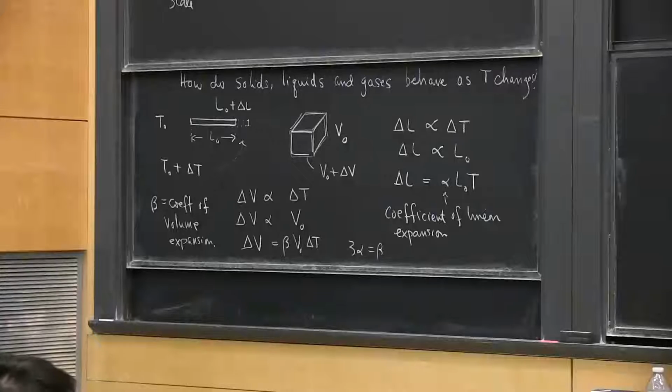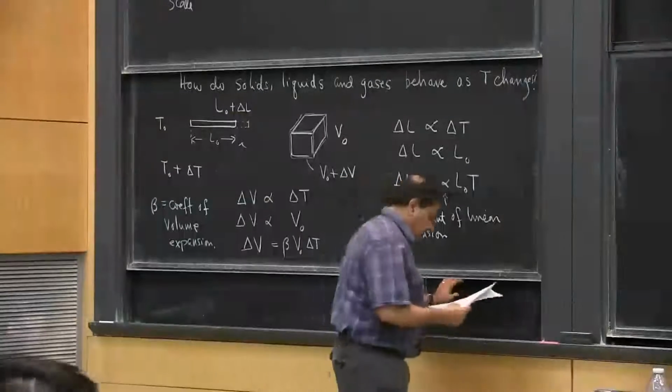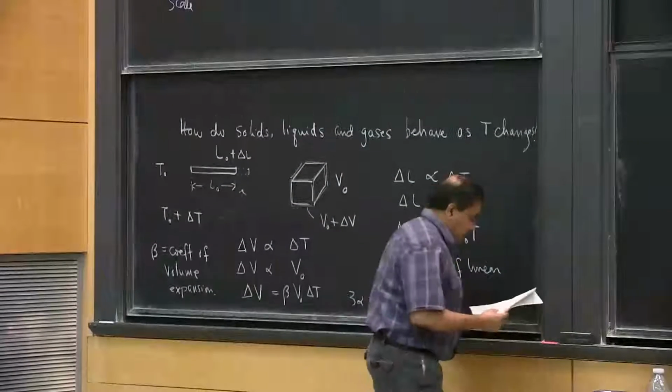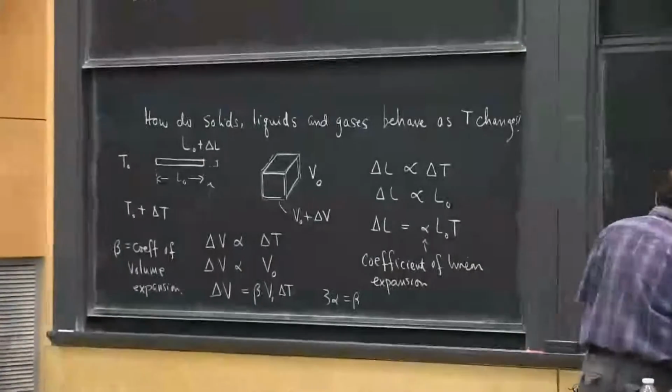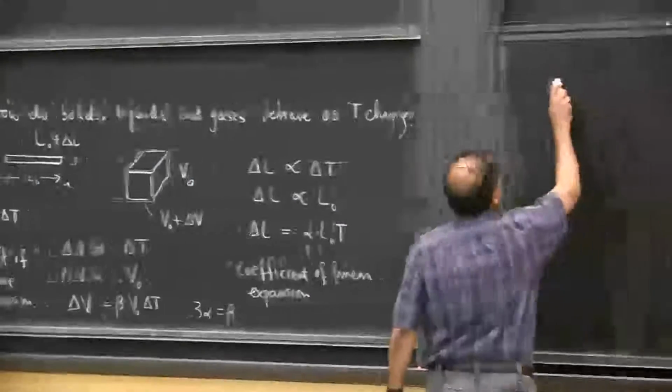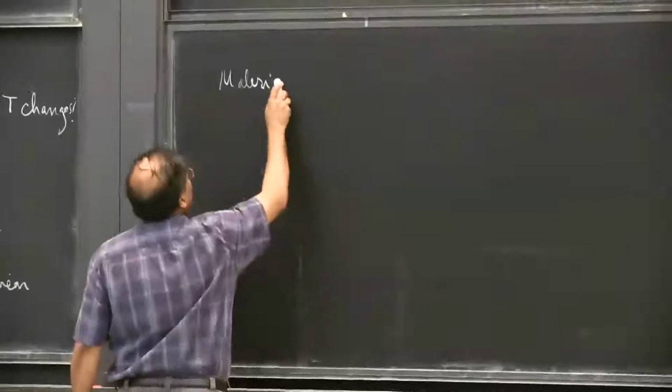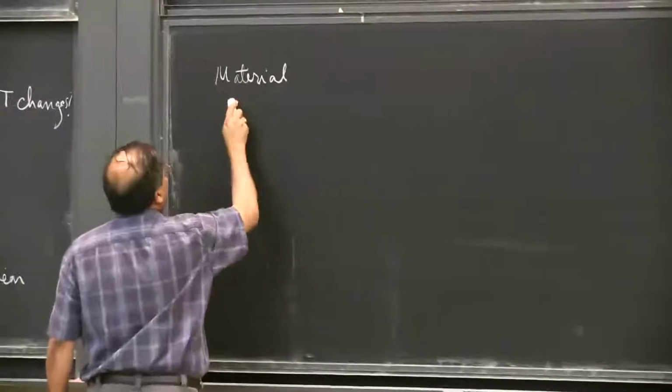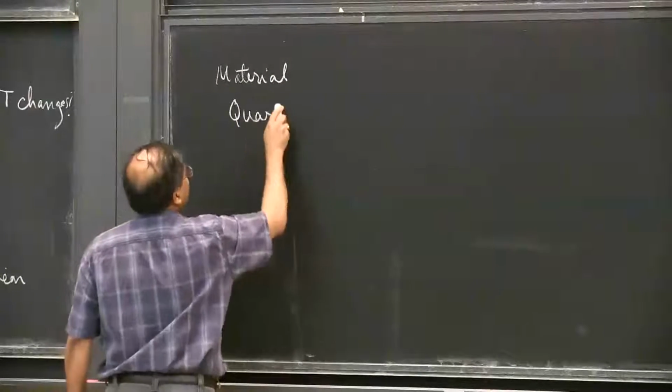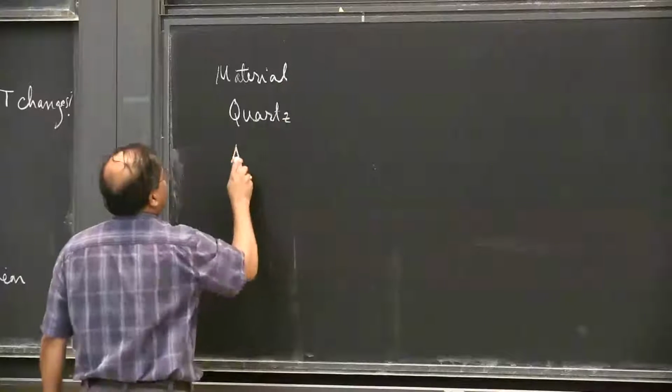So let's look at some numbers to get a sense of how these quantities, alpha and beta, look. I'll give you two materials here. Let's say we look at quartz, which is like sand or glass, and then we have aluminum.